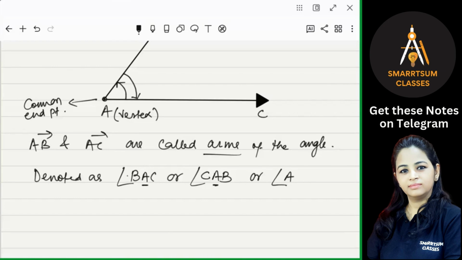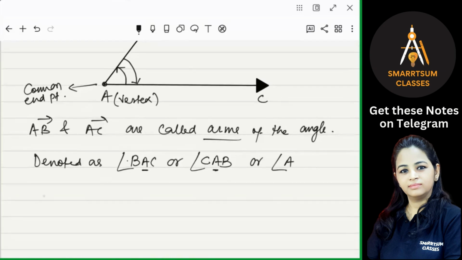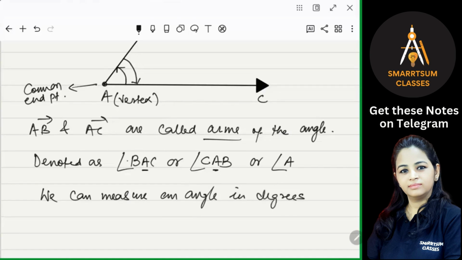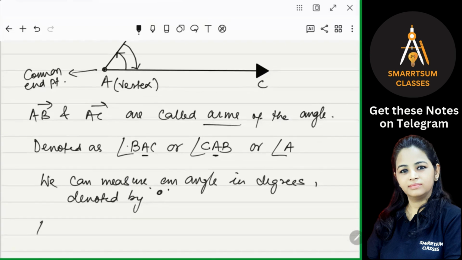Now, we can measure an angle in degrees. In what values are we measuring the angle? We can measure an angle in degrees, denoted by this symbol. So if suppose angle A is 60 degrees, how do we write it? 60 degrees.